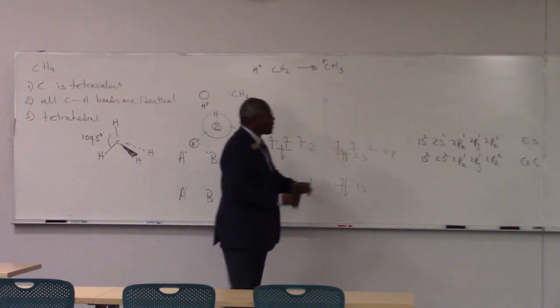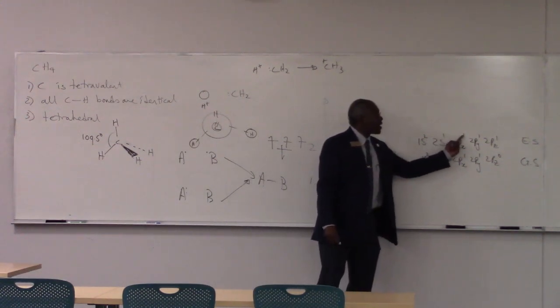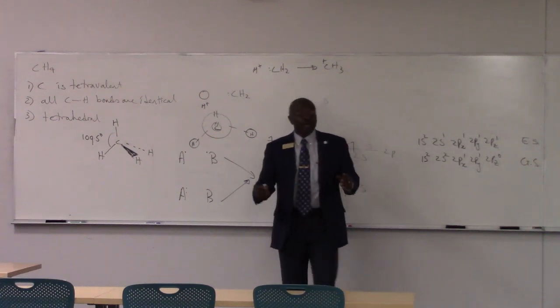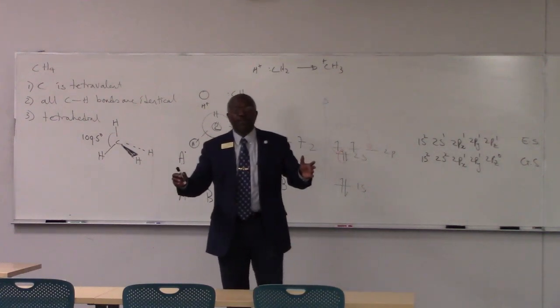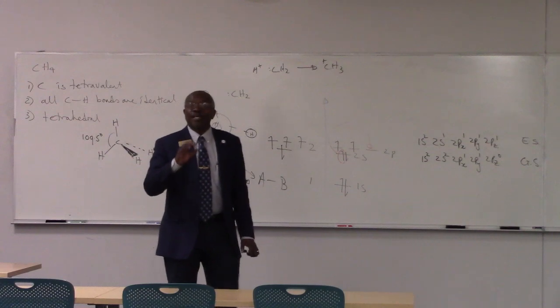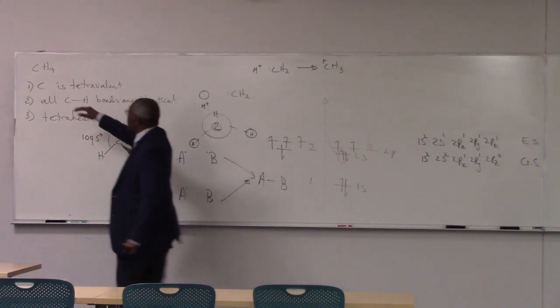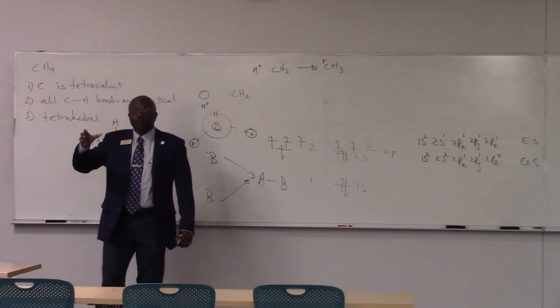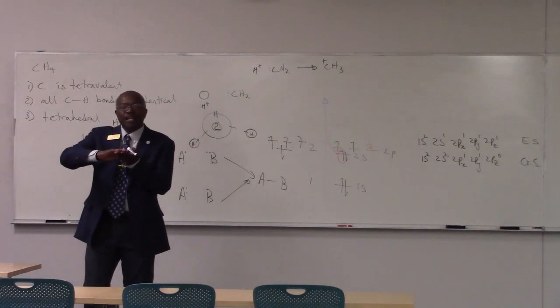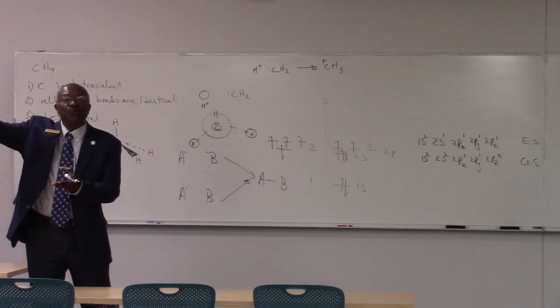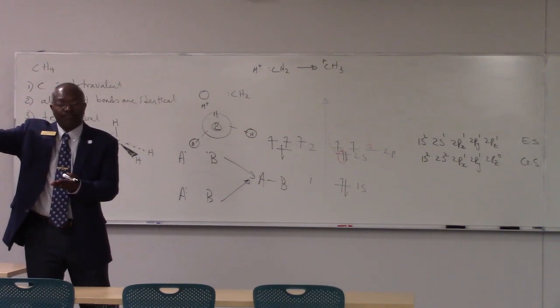Well, now I have 4 unpaired electrons, which means I can form 4 bonds. And all of a sudden, we can account for tetravalence. So the tetravalence of carbon can be accounted for by one of the 2s electrons being promoted into the 2pz orbital.